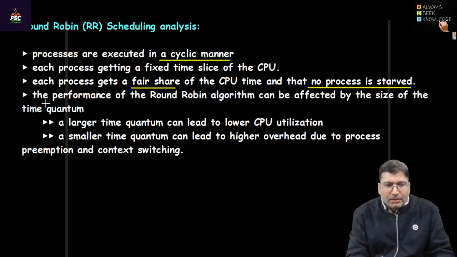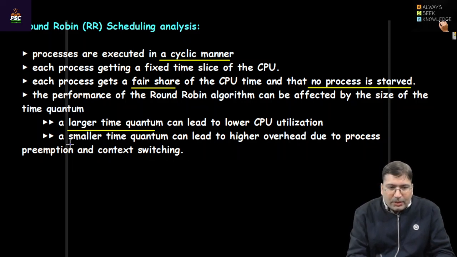Okay. The performance of the round robin algorithm can be affected. That is an important point. The performance can be affected by the size of the time quantum. If you vary this time quantum, the performance will vary. If the time quantum is very large, there will be low CPU utilization, so the overall throughput will be less.